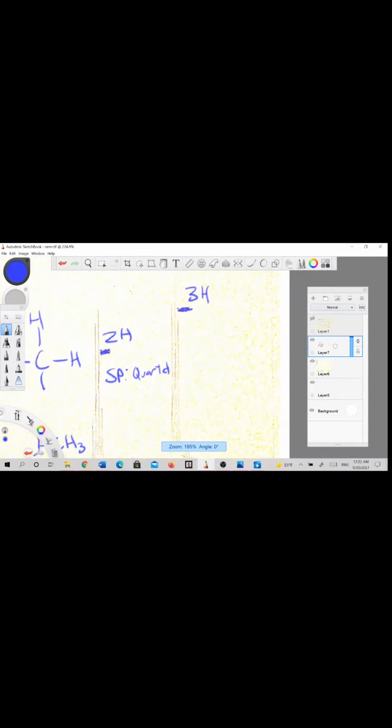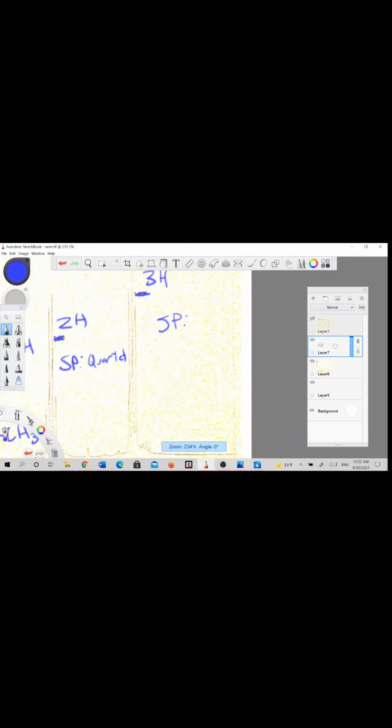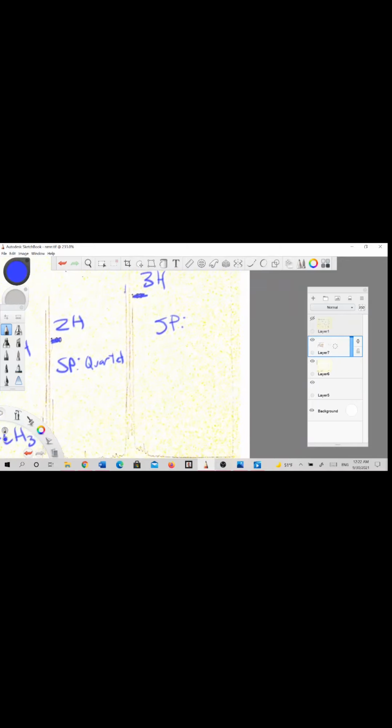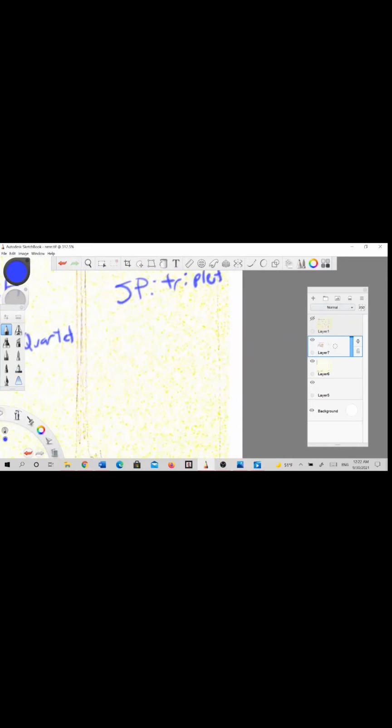Taking a look at our second point, the splitting pattern is a triplet. You can see the 3 points, 1, 2, 3. The splitting pattern is a triplet, which means its neighbor is probably a carbon with 2 hydrogens.